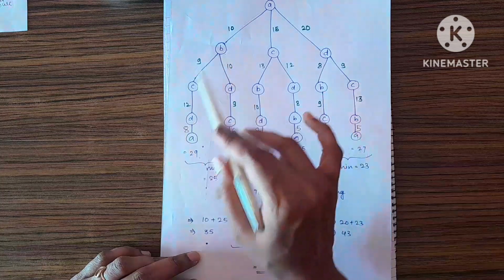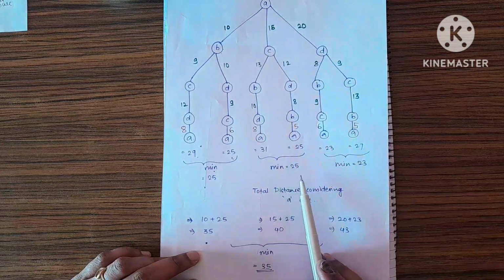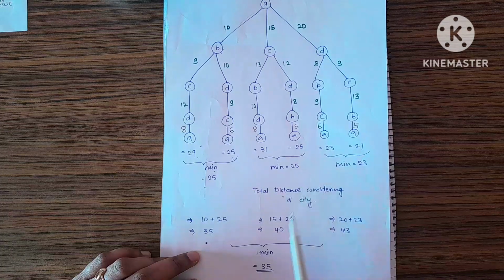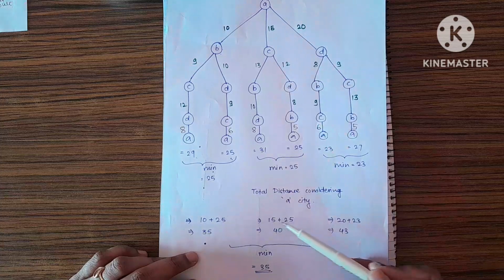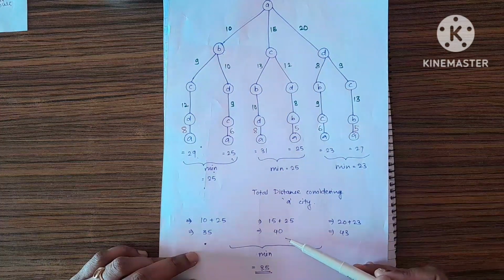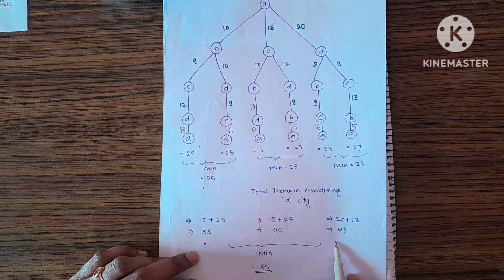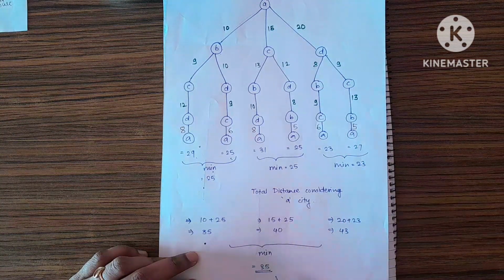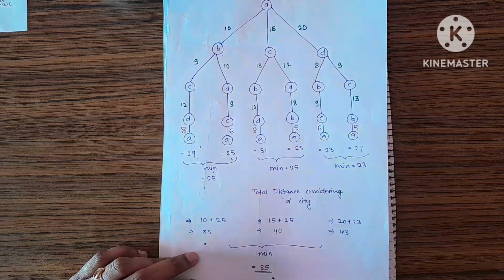This path results in 35 distance, whereas this second case results in A to C taking 15 distance, so 15 plus 25 is 40, and this third path results in 43 distance. Among these, 35 is the least, which corresponds to the path A to B, B to D, D to C, and C to A.